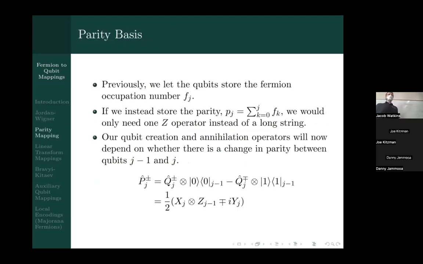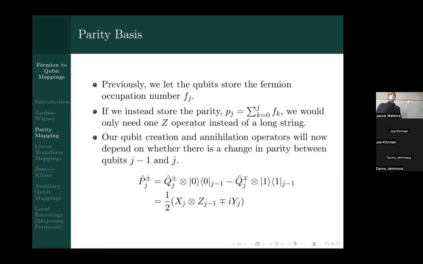So we can consider instead the parity mapping. Instead of storing the occupation number, we store the parity, which we recall was what was causing the problems for us, the parity that causes the negative sign, which is why we needed the string of Z operators. If we instead just store the parity on the qubits, we can just use one Z operator.